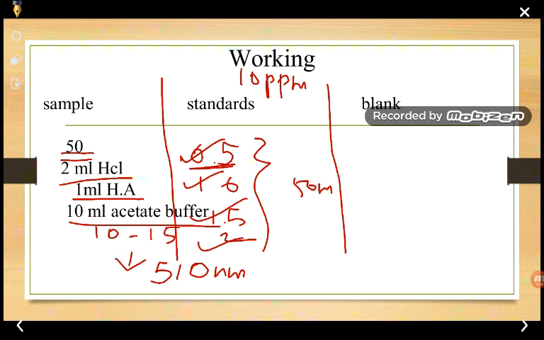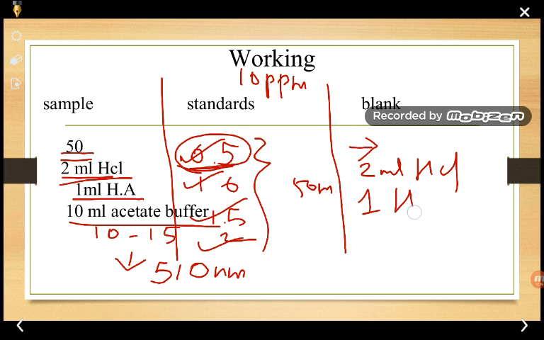In case of the blank, what we have to do is that here we are adding the concentration of iron, but there we have to add only the distilled water. We are not adding any of the standards, but we are adding again 2 ml of HCl, 1 ml of hydroxylamine and 10 ml of the acetate buffer, and the rest will be distilled water.